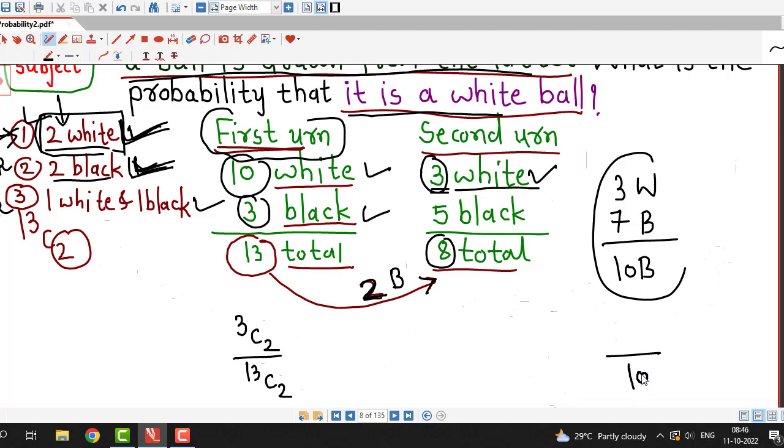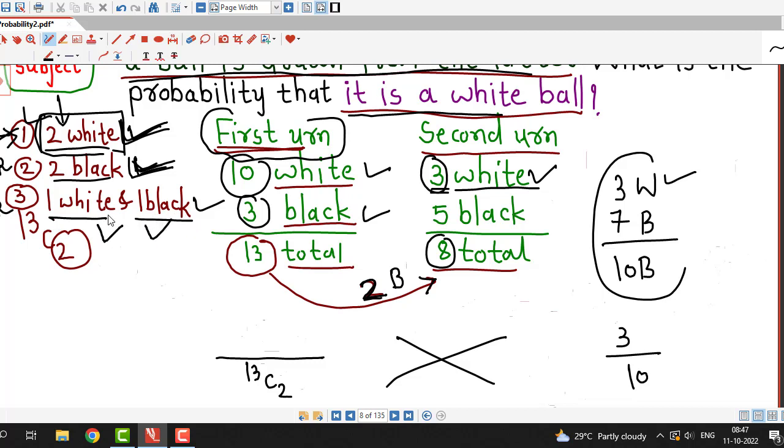That we can do in 10 ways. And what is the probability that it is a white ball? There are 3 white balls, so probability will be 3 by 10, and I have to take the product of these two.